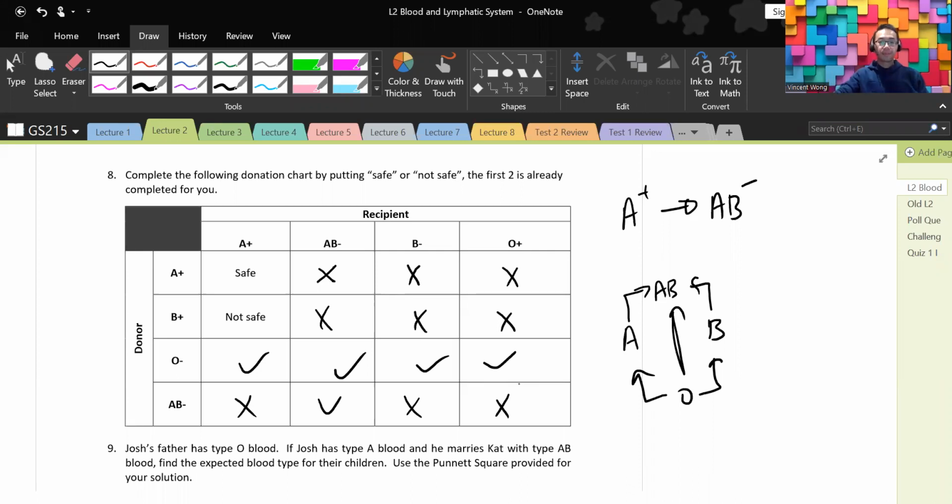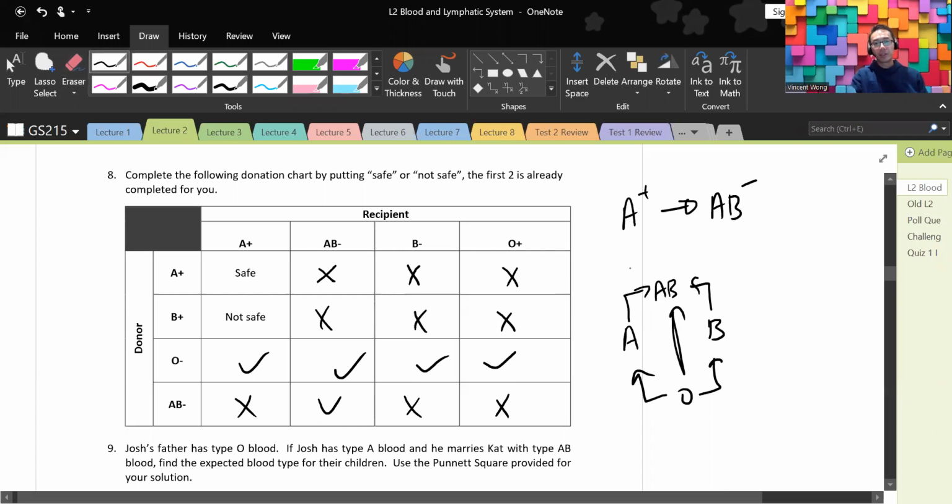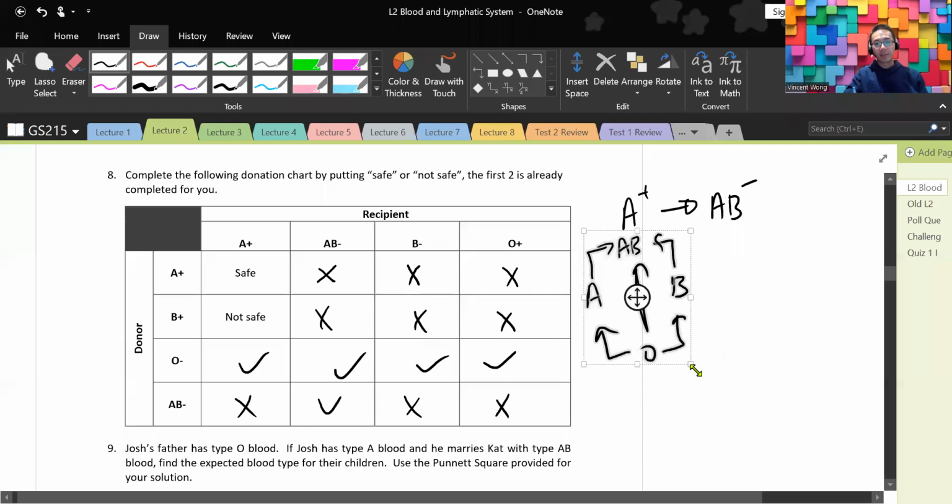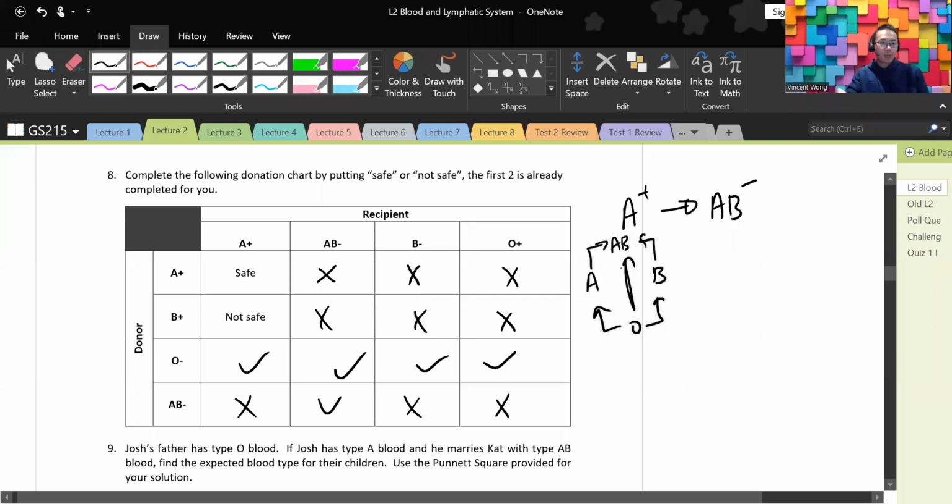Okay, sure. I can choose one other example, and you can watch the recordings for the earlier session for the explanation as well. But let's just do another one. Let's say B positive to AB negative. According to the transfusion chart right here, B can transfuse to AB.